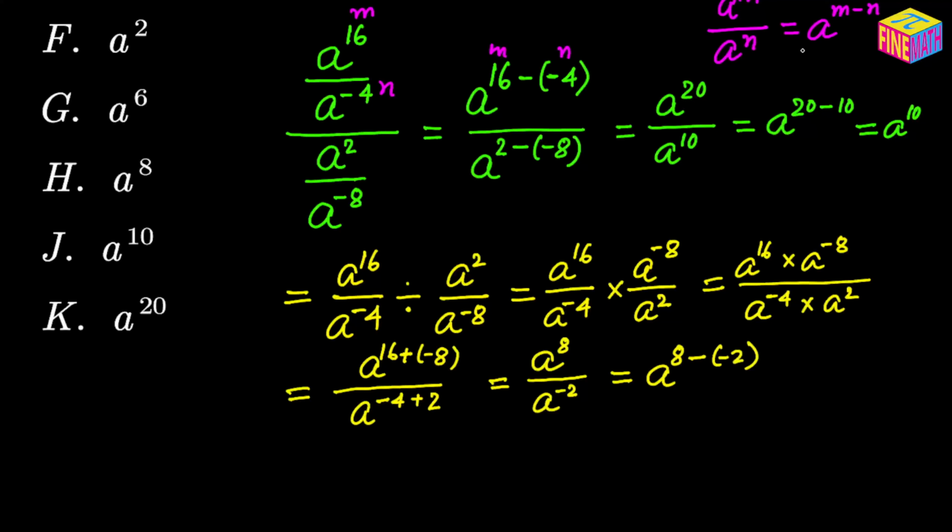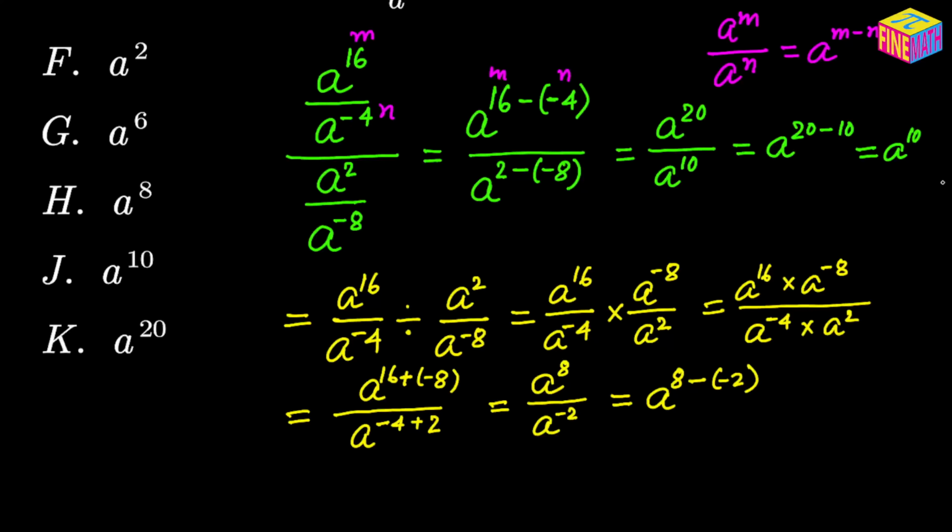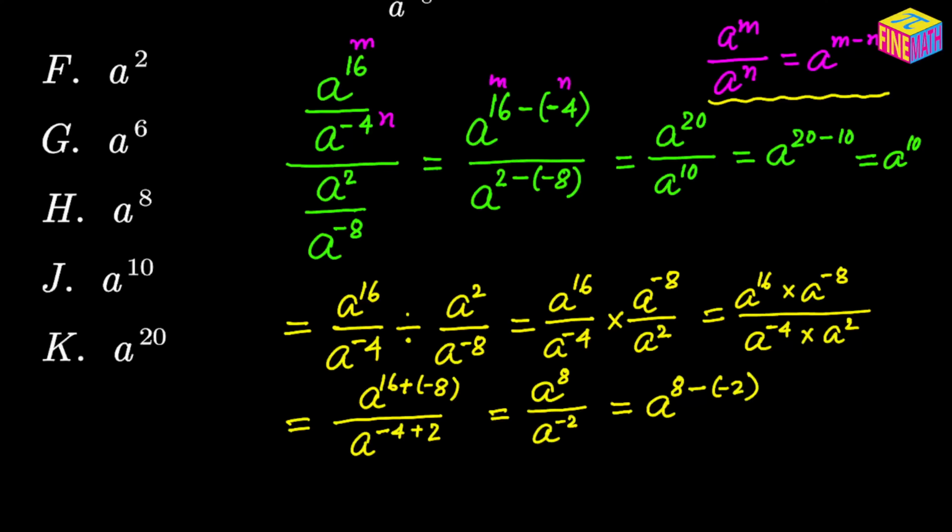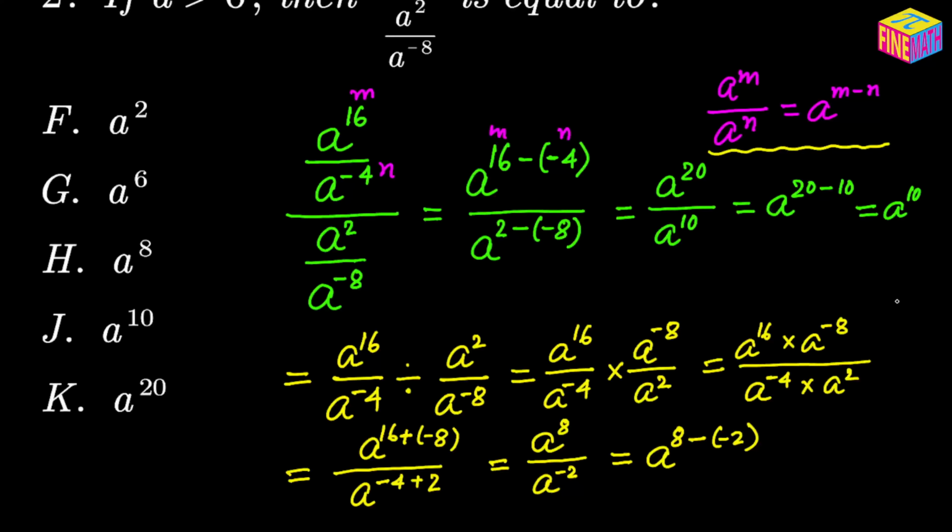This is the other property of exponent that we used up above: a to the power m divided by a to the power n is equal to a to the power m minus n. So using that same property, this is equal to a to the power 8 minus negative 2, that would be 8 plus 2, that would be 10. So it would be a to the power 10.